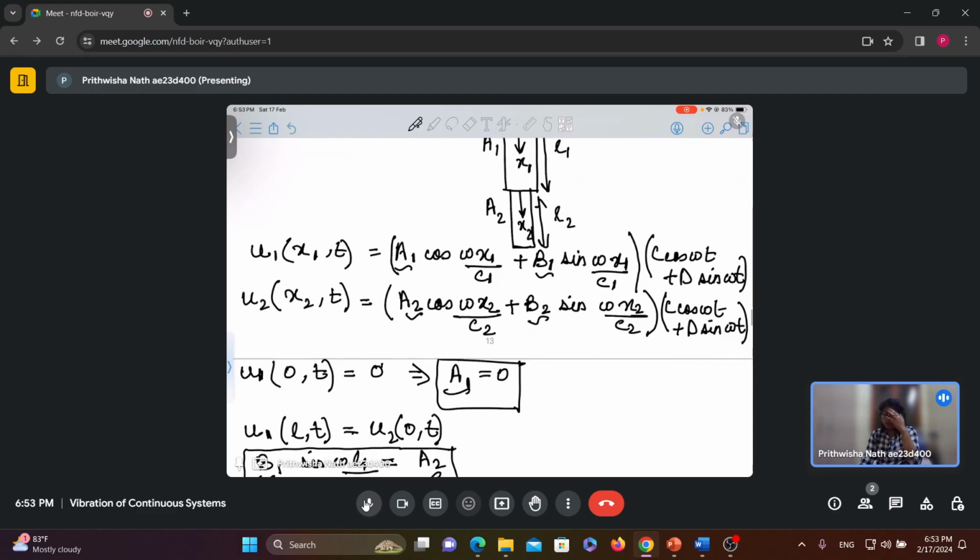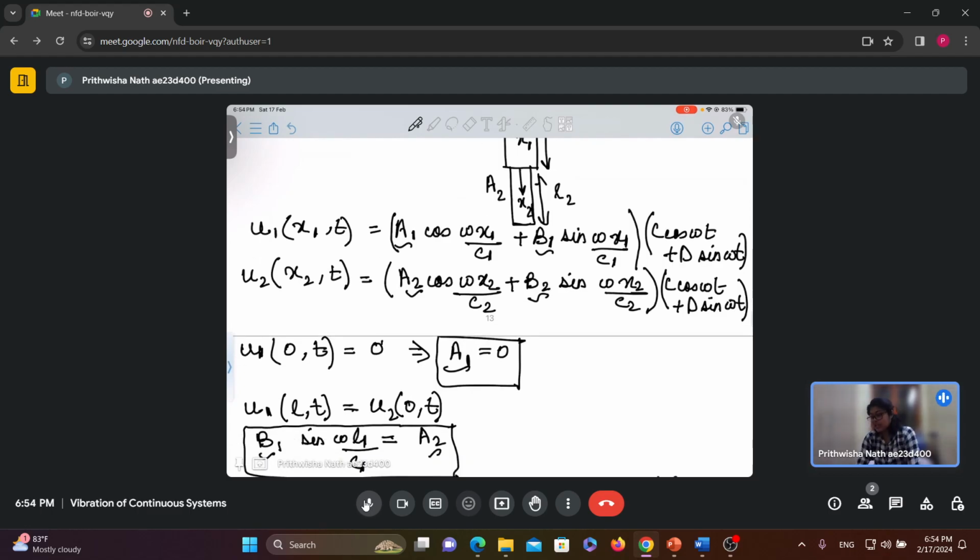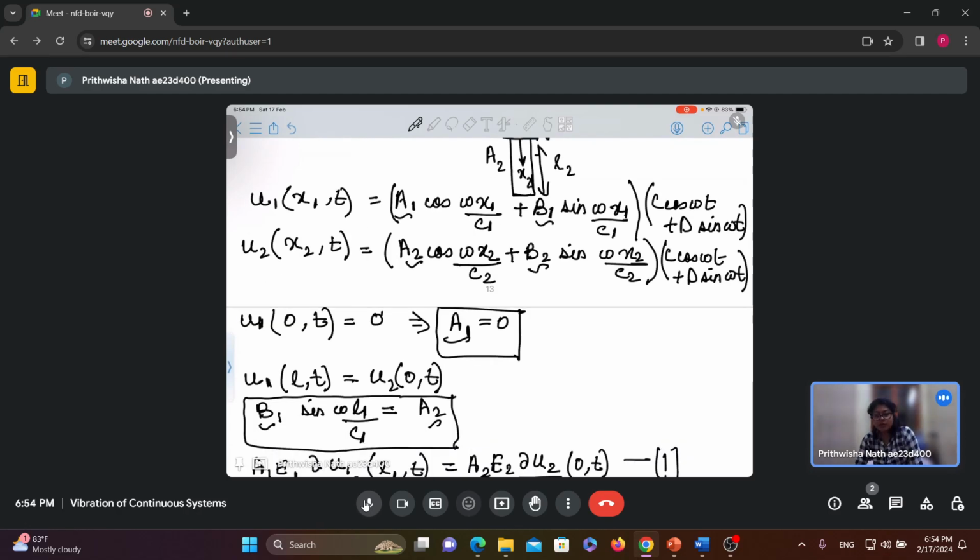Now for U1 at x1 equals 0 at any time t, U1 equals 0. So if we substitute that, we get A1 tilde to be 0. Similarly, at x1 equals L1 and time t, U1 equals U2 at x2 equals 0 at time t.